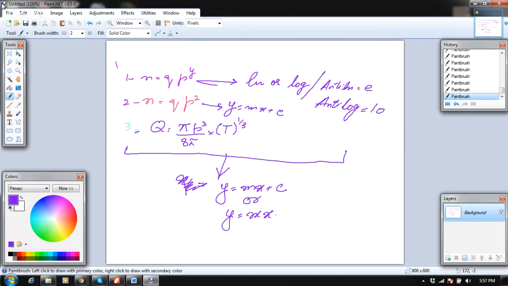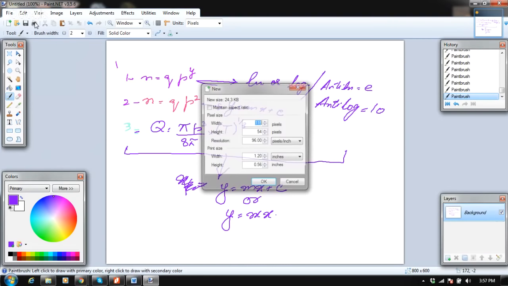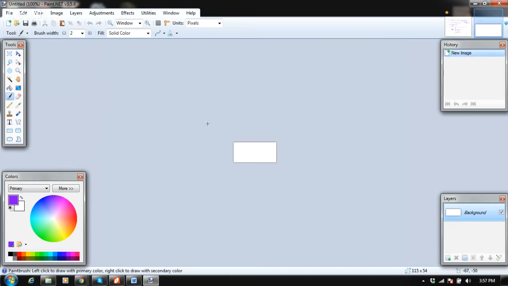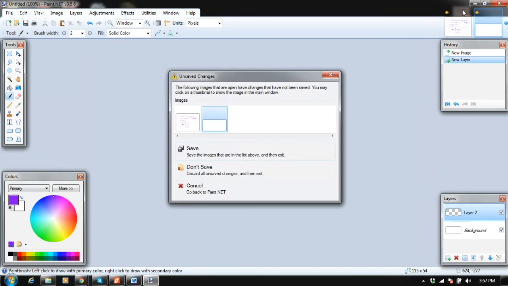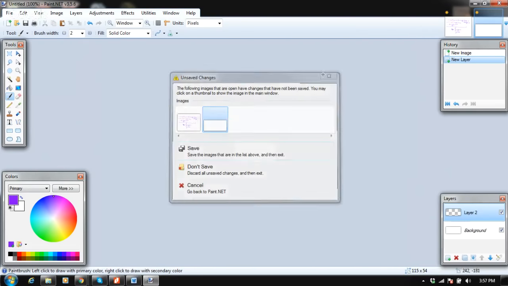Whenever any question is given, the very first thing is you must know which are dependent quantities and which are independent quantities. That is the most important part.